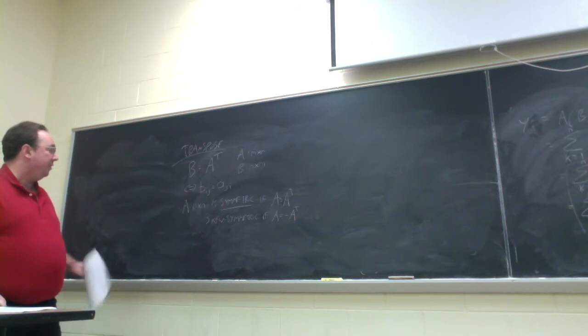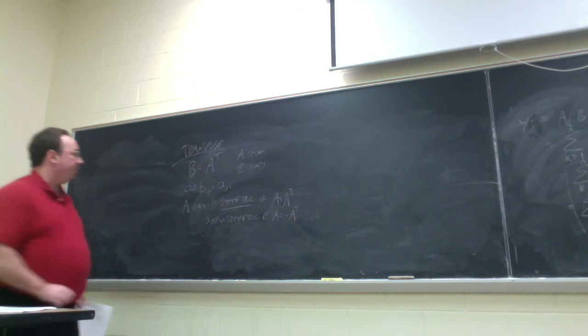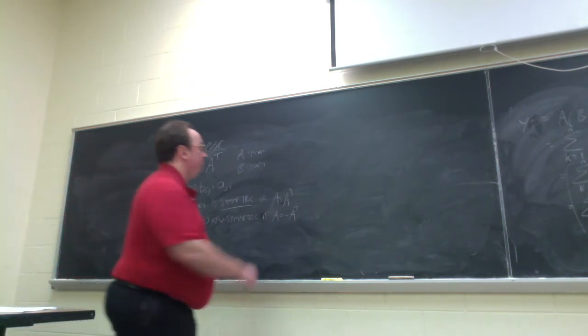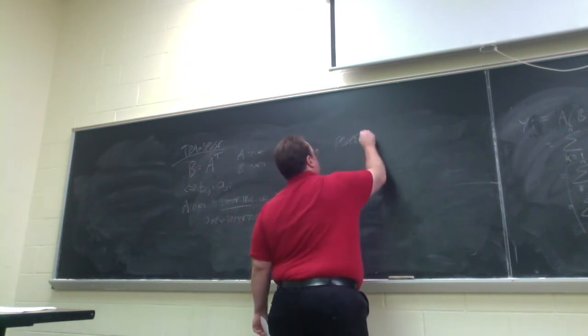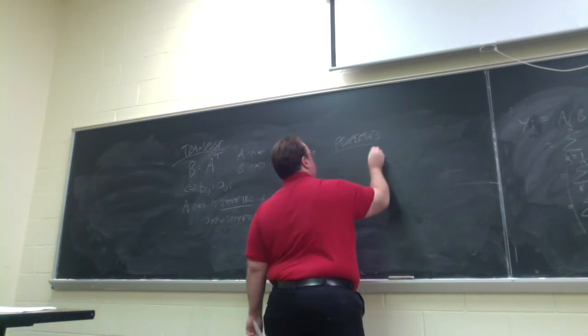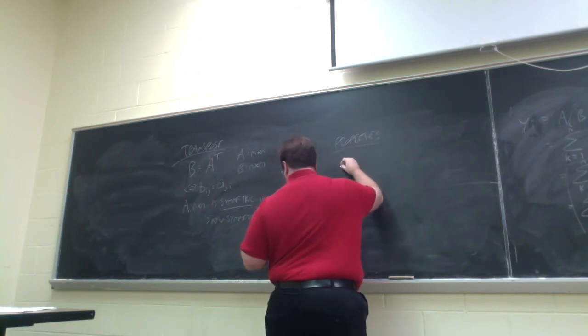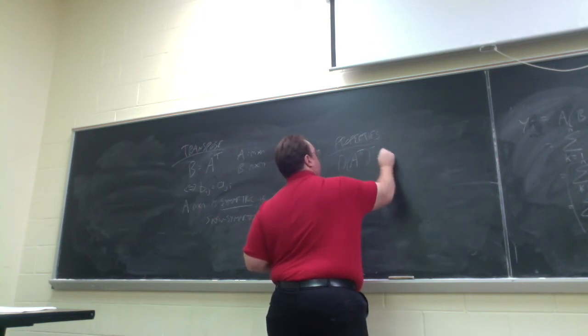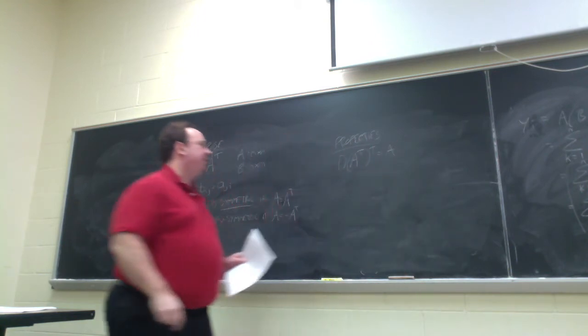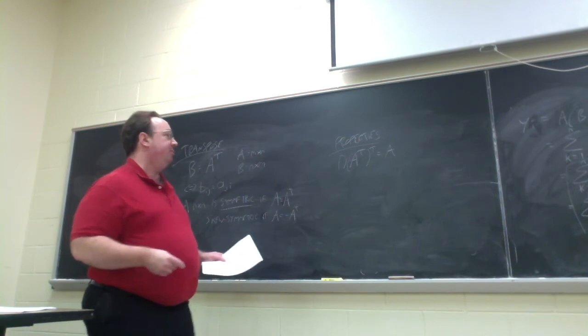Now, some properties of transpose. So first of all, you take the transpose of the transpose, that brings you back to the original matrix, because you switch rows and columns and then you switch it back.